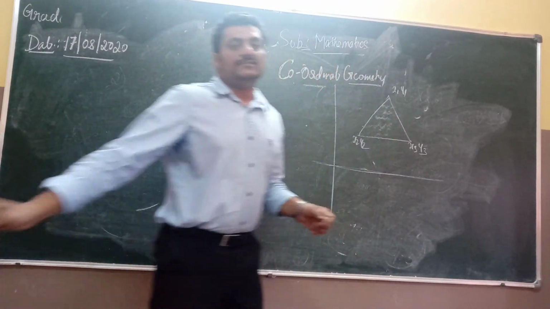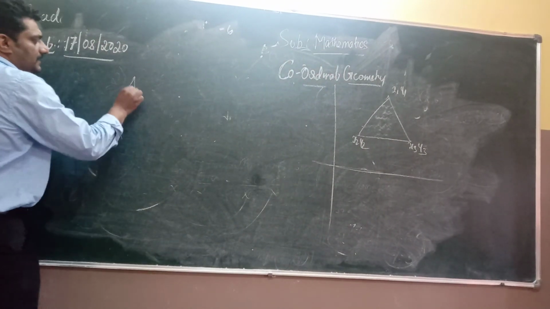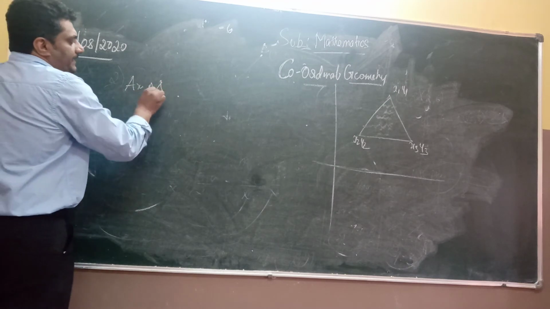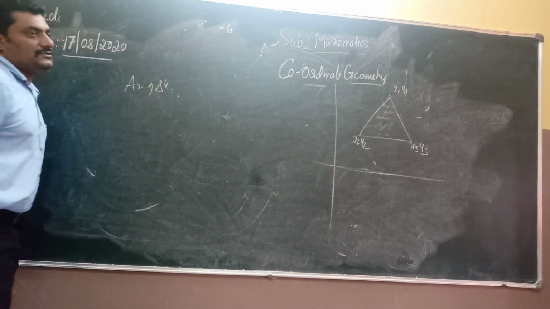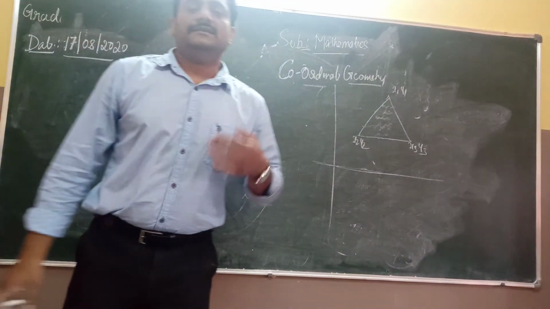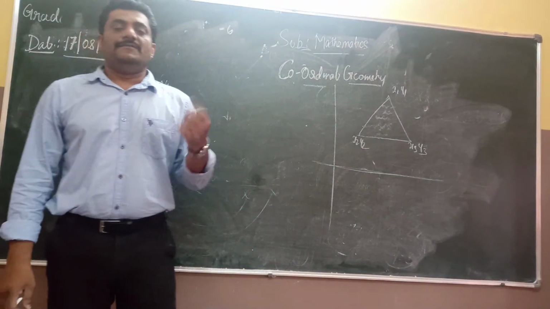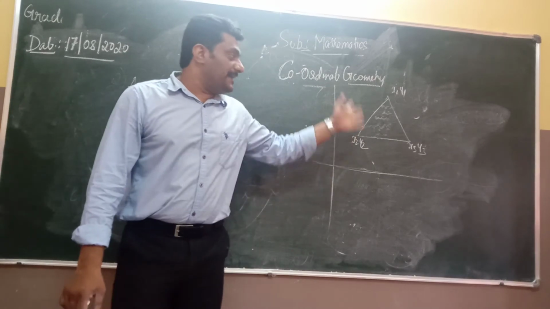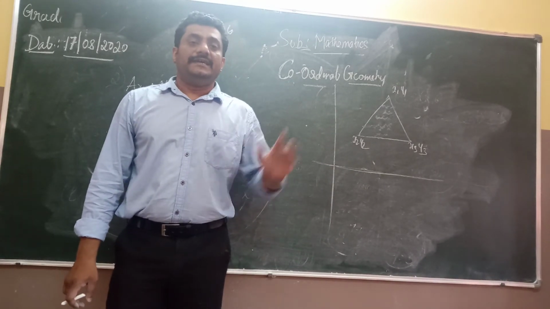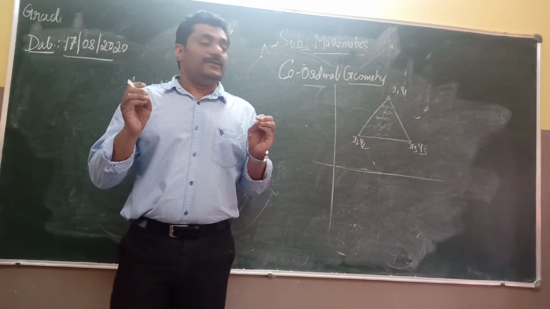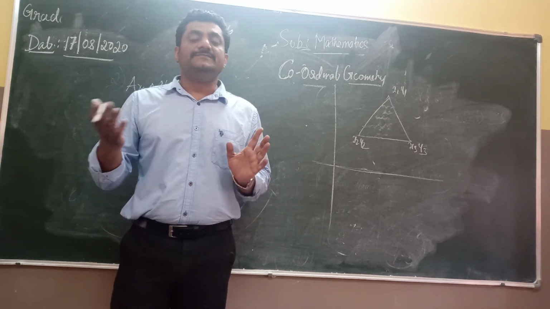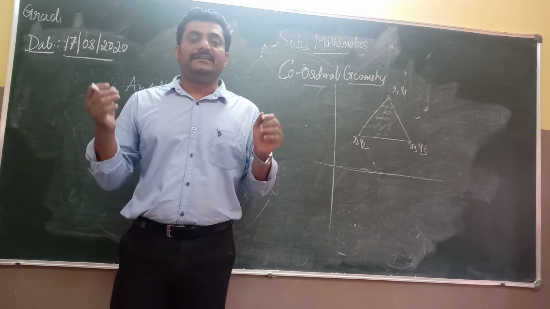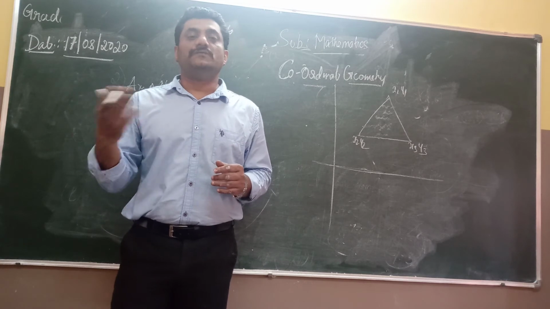Again, for this also there is a formula. We all know that we have Heron's formula, we have half base into height, but all those are not applicable in a coordinate system. In a coordinate system, whatever the formula, it has to be in terms of x and y, in terms of x1, y1, x2, y2.